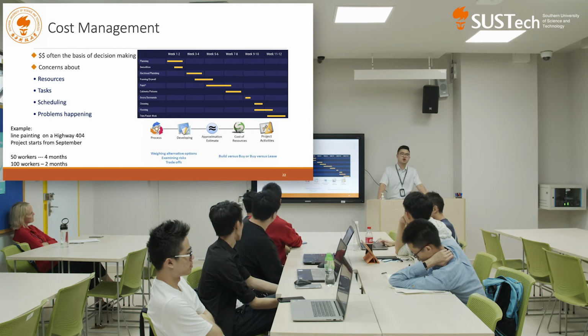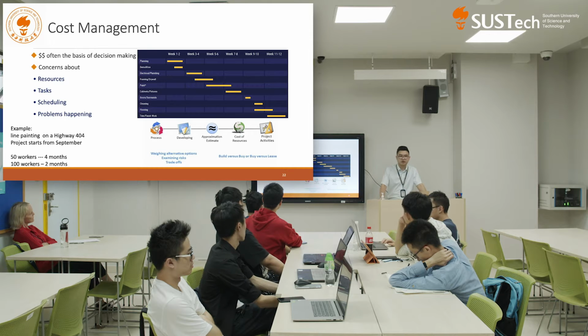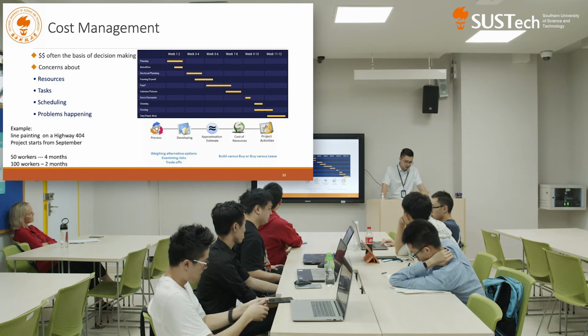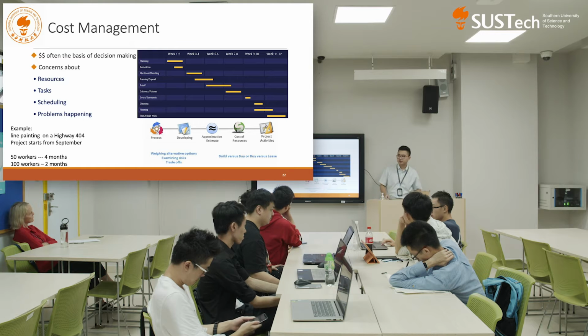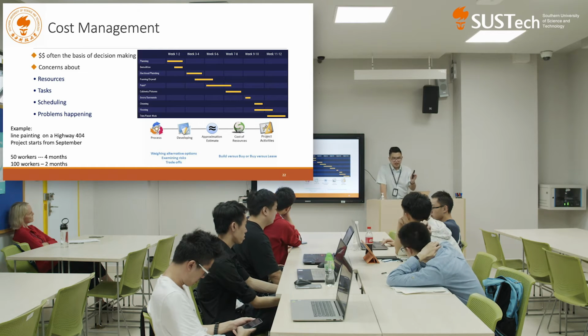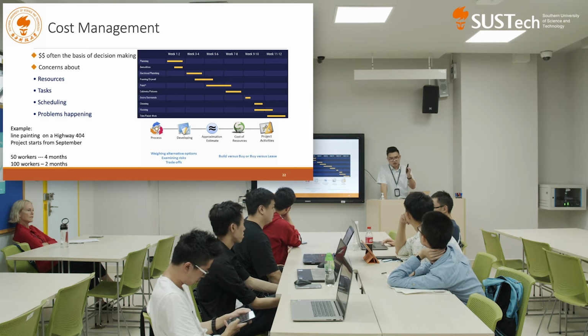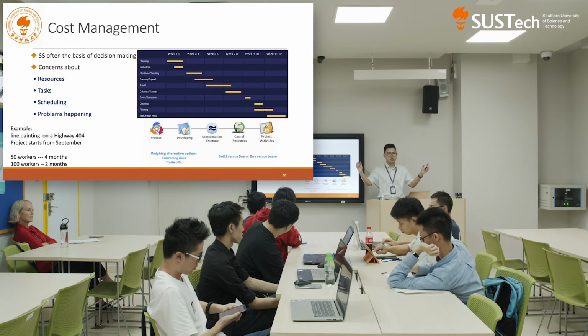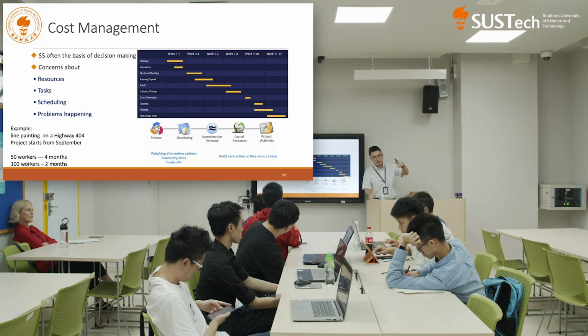So then we're going to look at the time management process and the cost management process. Since we already generated the Gantt chart, we can numerically calculate the cost required to accomplish the whole project, by summing up the costs of individual tasks.